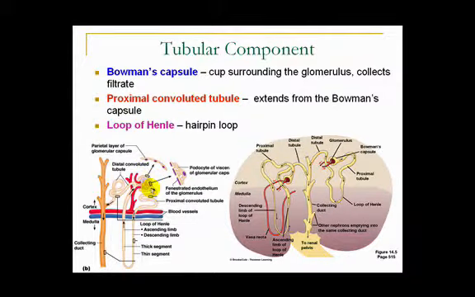The filtrate will travel through the nephron, the tubular component. The first part it travels to that comes off of the Bowman's capsule is the proximal convoluted tubule. Then that leads into this hairpin loop called the loop of Henle.